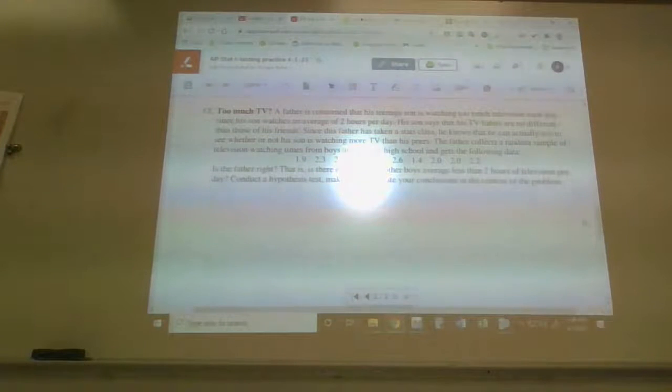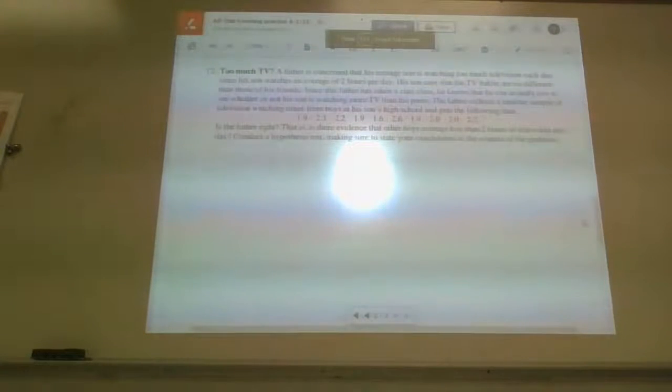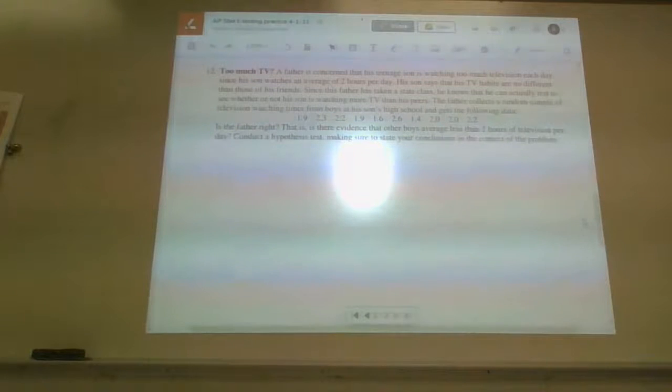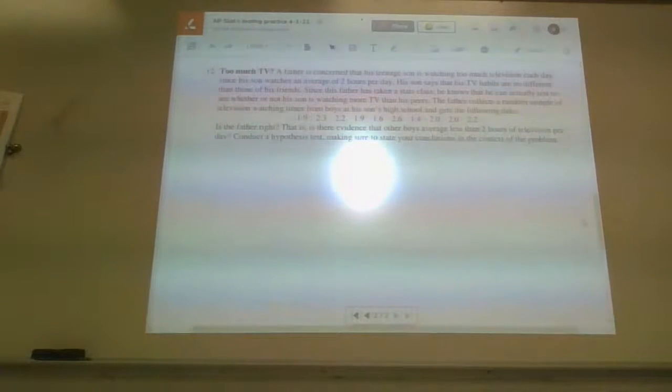The father collects a random sample of television watching times from the boys at his son's high school and gets the following data. Is the father right? That is, is there evidence that the other boys average less than 2 hours of television per day? Conduct a hypothesis test, making sure to state your conclusions in the context of the problem.